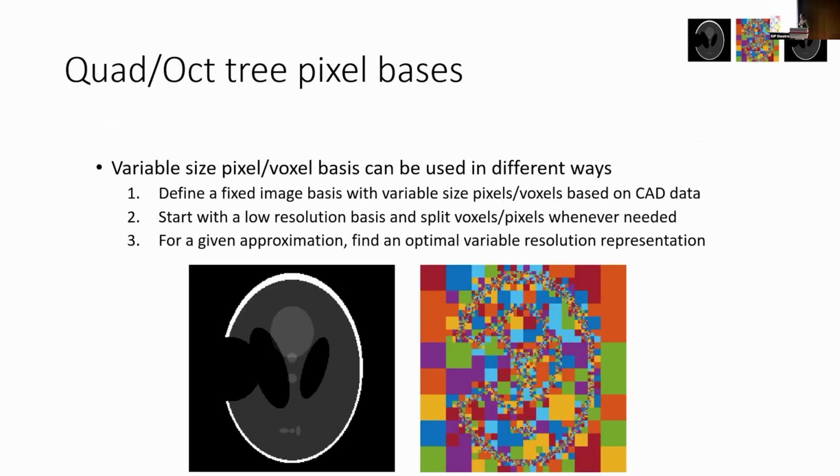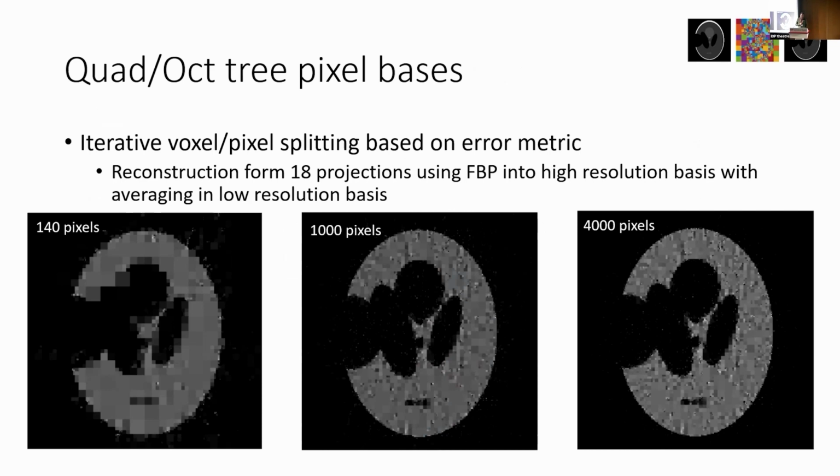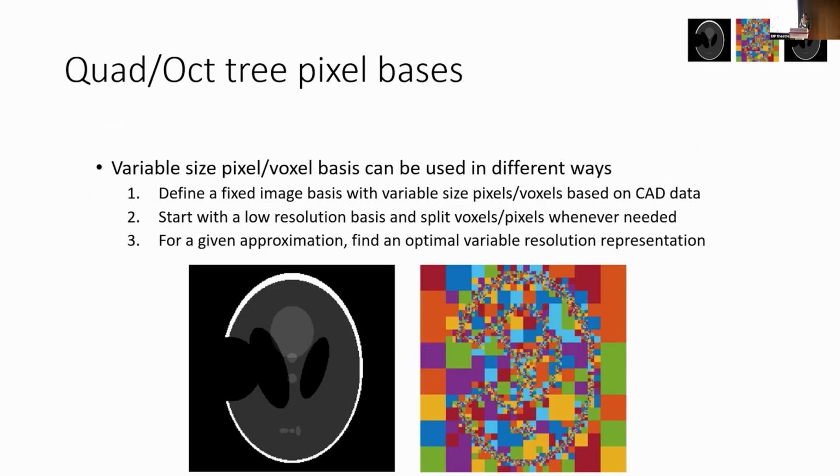All right, so let's look at the second type of thing that we can do. This variable size basis we can use in different ways, and I think there are some interesting things that we can do. Obviously, we could use again, like on the previous picture, that mask based on our knowledge of the ground state or true state.